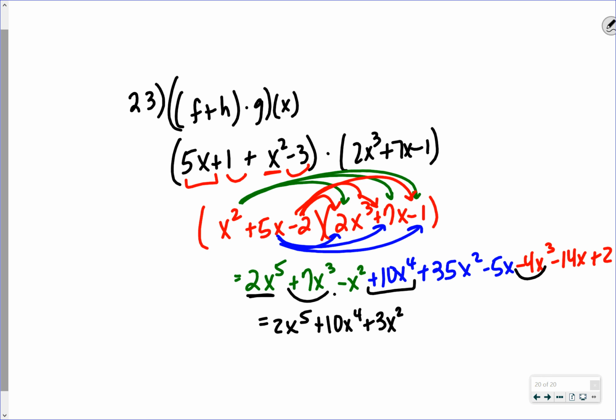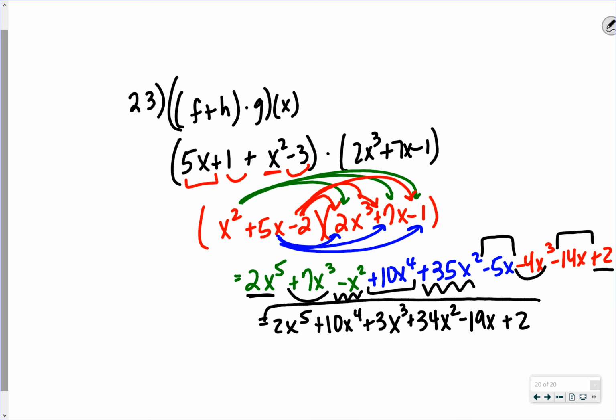Squareds, I have negative x squared plus 35x squared, that's a plus 34x squared. And then I have 5x minus 5x and negative 14x, which would be negative 19x. And then my lonely plus 2 on the outside.